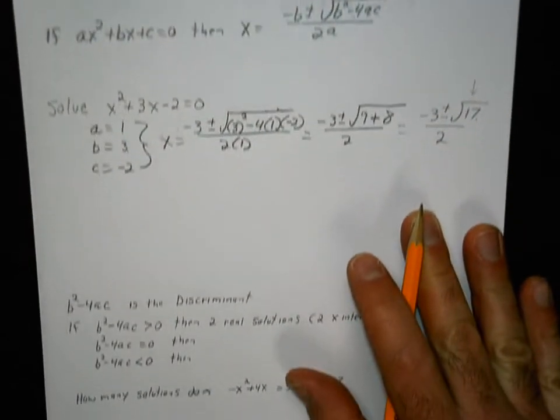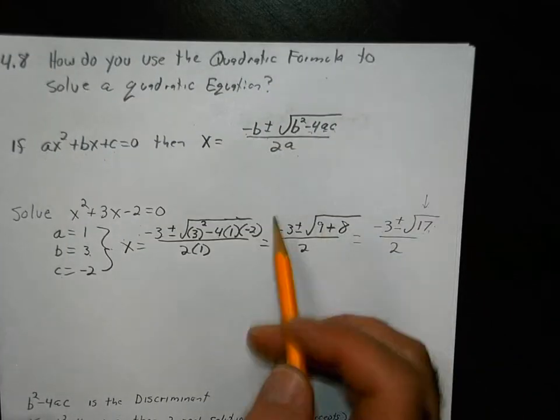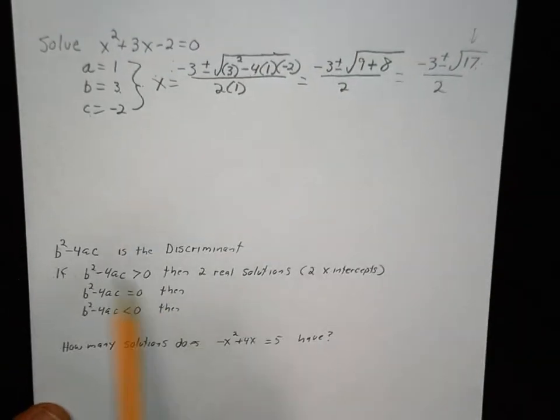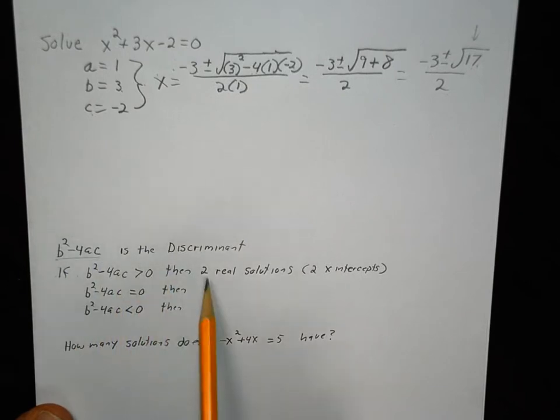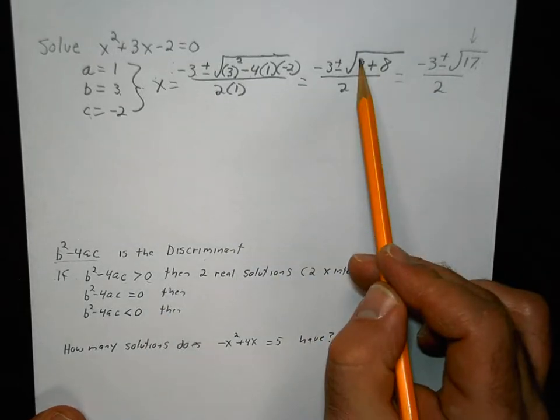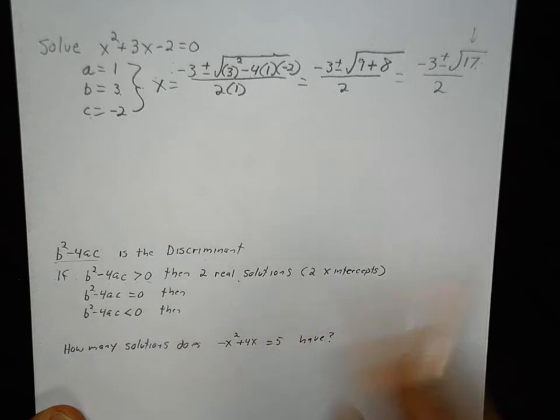Now let's move on down here to the discriminant. So when I look at the quadratic formula, the value under the square root is called the discriminant, the b squared minus 4ac part. And that's important because that's going to tell us how many solutions we have. If b squared minus 4ac is greater than 0, so if it's a positive number like it was in this example, then we're going to have two real solutions, or two x-intercepts if we were to graph this.